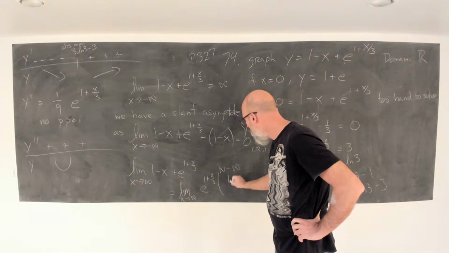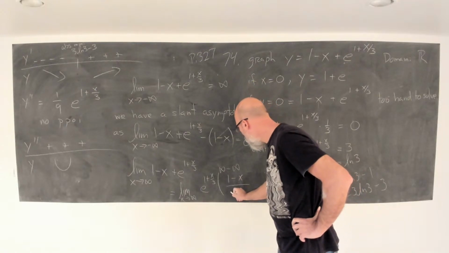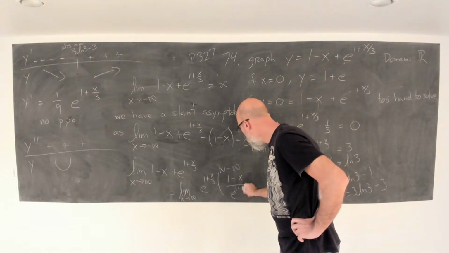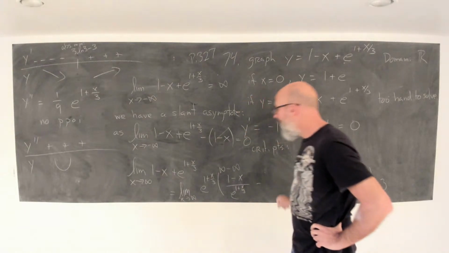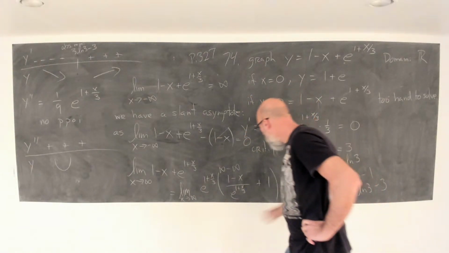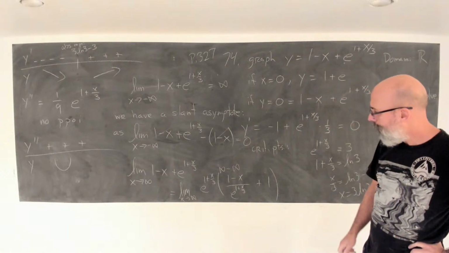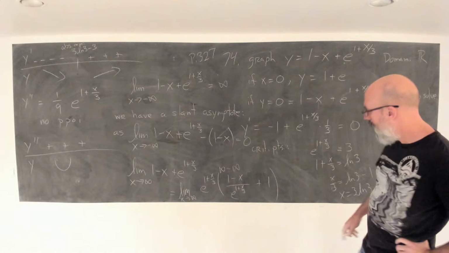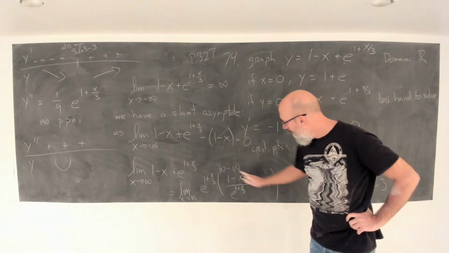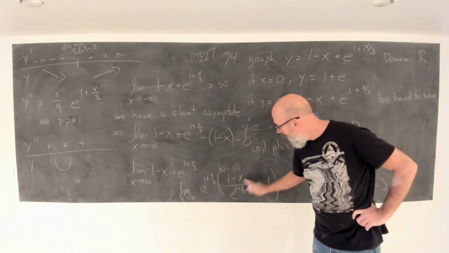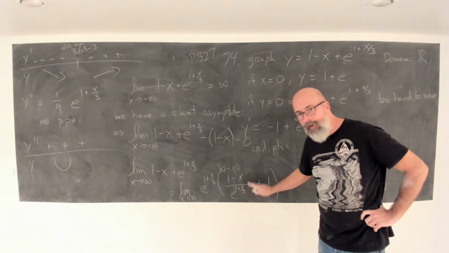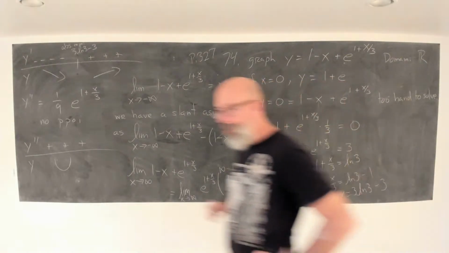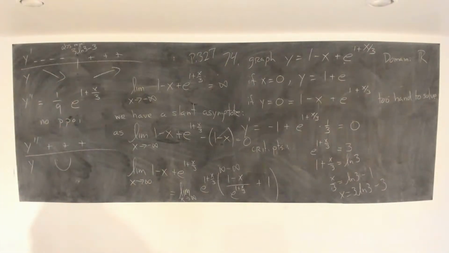What does that leave us with? 1 minus x over this business, plus 1. And now, as x goes to infinity, let's just look at this part. This has the form infinity over infinity. So now we can do L'Hopital's rule on that business. See what happens.